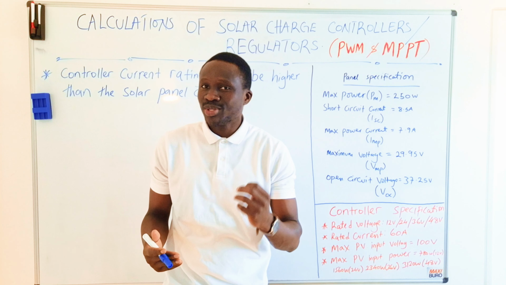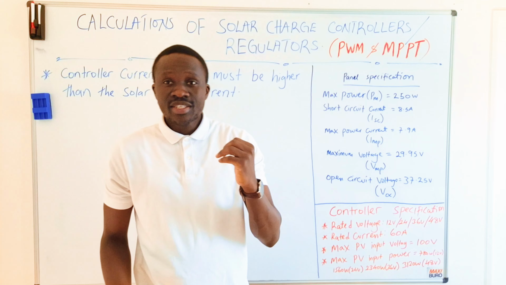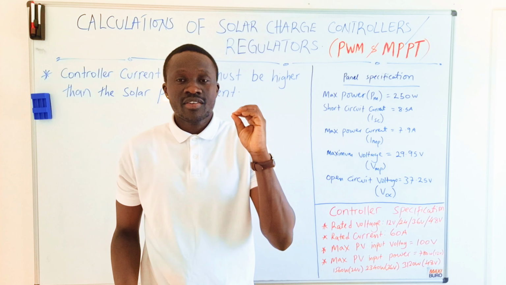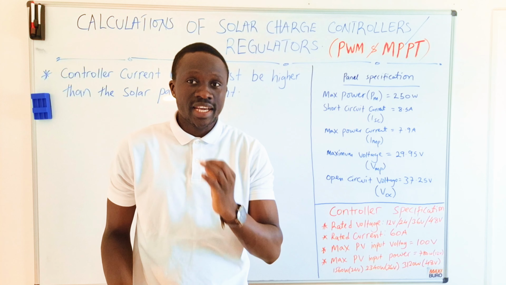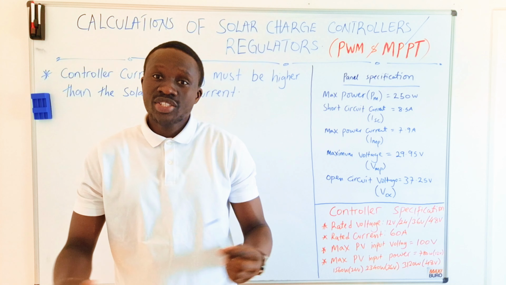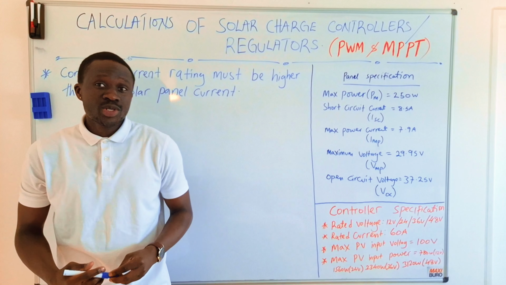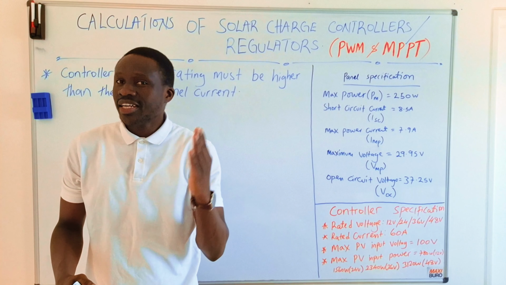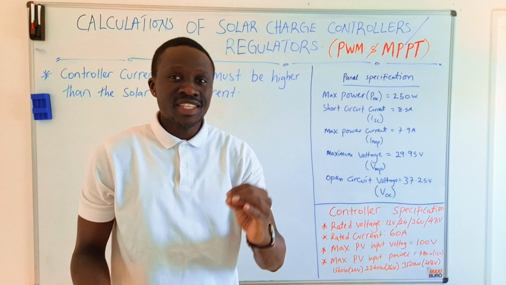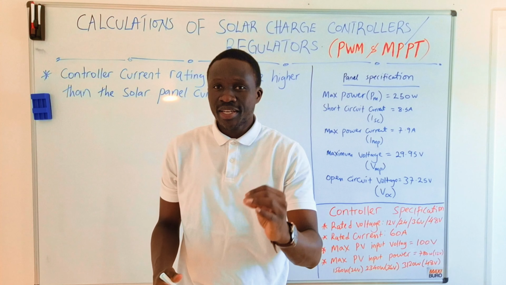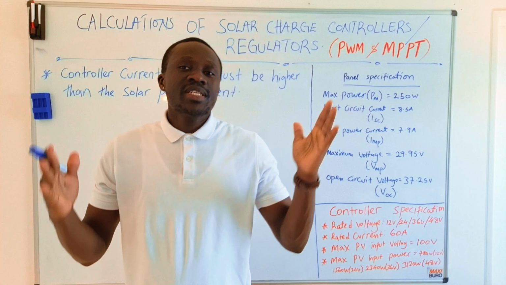Remember we said a charge controller helps in controlling the battery charging. When the panel is charging, a charge controller helps to do the battery charging. That is the use of a controller. Then we saw that these charge regulators help in protecting the battery from damage.